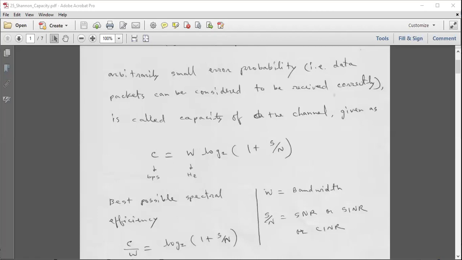Its unit is BPS per hertz. So how many bits per second you can fit in a particular frequency range, BPS per hertz.